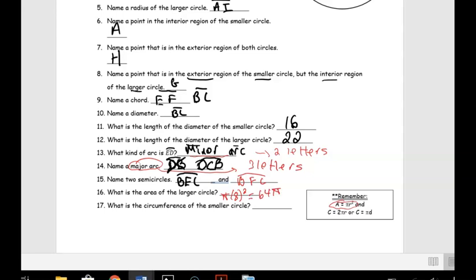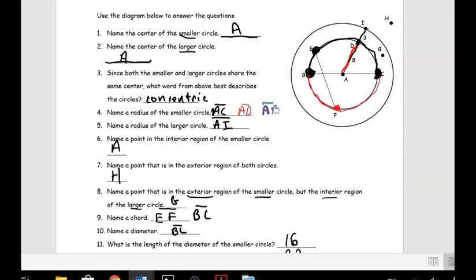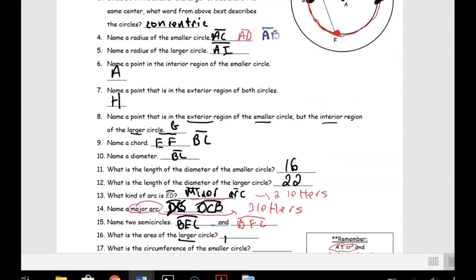Oh, sorry, they wanted the larger circle. So let's try that again. We want the radius of the larger circle. So the larger circle's radius is 11. So we would do pi times 11 squared, so 121 pi.